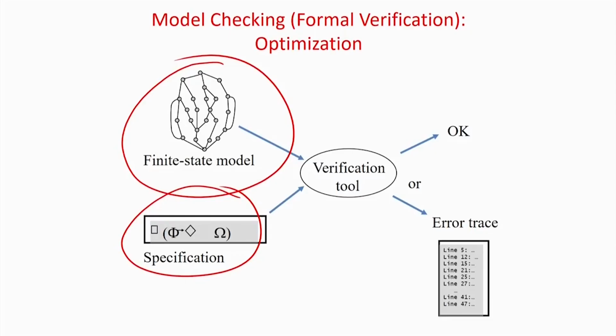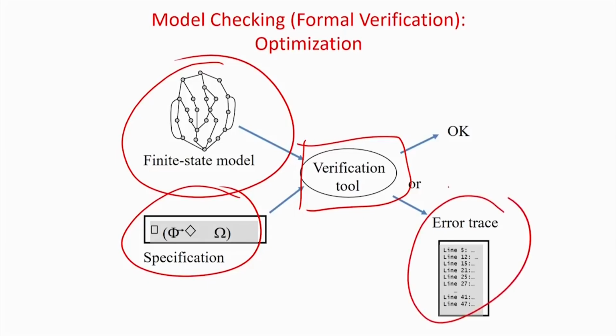So whatever circuit you have designed has to first be represented in a formal model, like a finite state machine, and there will be some specification, that is what you wanted to design, which also has to be written as a CTL or LTL formula, a mathematical formula. Then there is a verification tool which will tell you whether your model matches the specification, or if not, it will give you an error trace or a counterexample so that you can go and debug it.